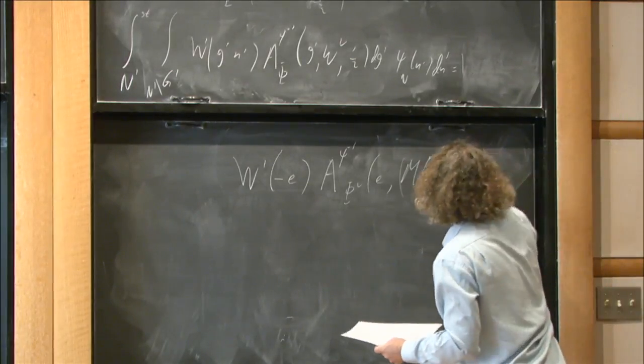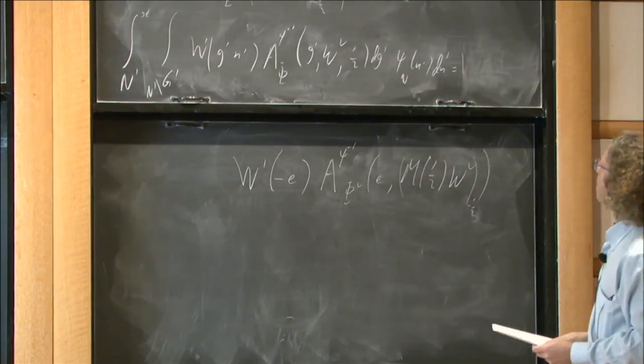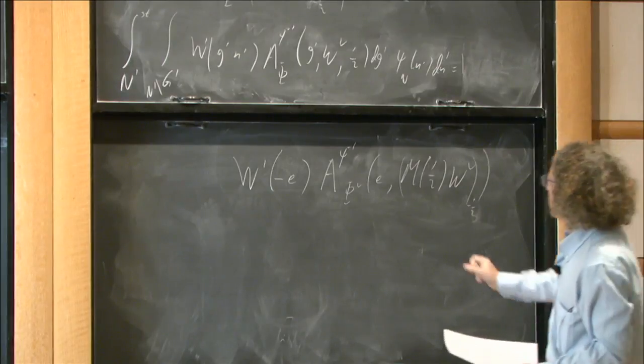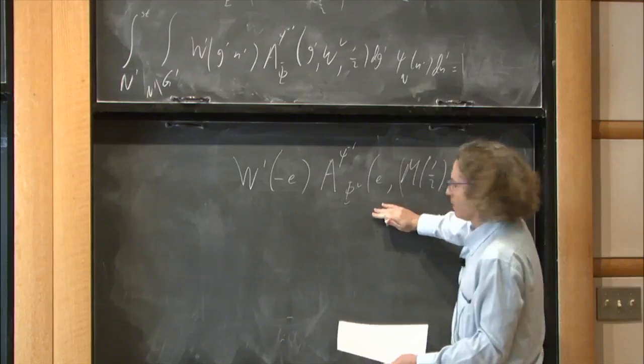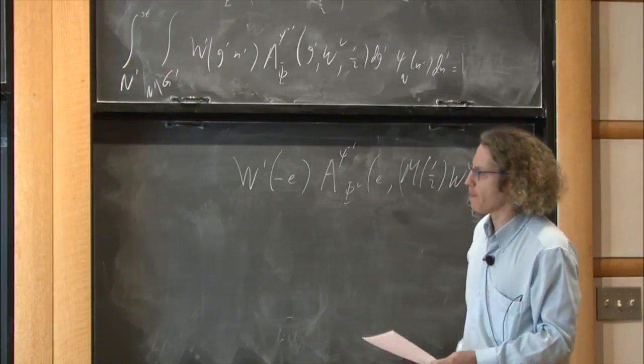Well, technically shifted by -1/2. Remember, that's supposed to be what I get. This is the descent of W at the identity.